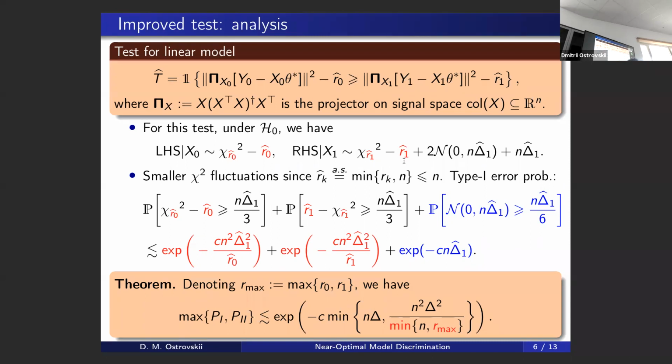And on the right-hand side, there is the chi-square with R1 hat degrees of freedom, the same as before. The cross term did not change, because the cross term is anyway projected on that subspace. It corresponds to x times something, so there is already a combination of the rows of x.